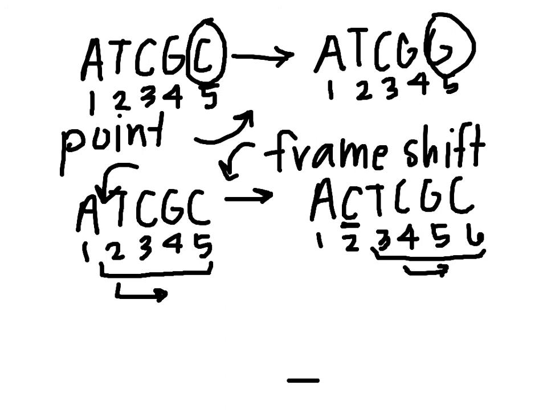And deletion works the same way, but we would be deleting a nucleotide and shifting them forward instead of back. So anytime you're shifting the order of the nucleotides either down or up in the ranking, that's a frame shift mutation. Anytime you're just changing one nucleotide, that's a point mutation.